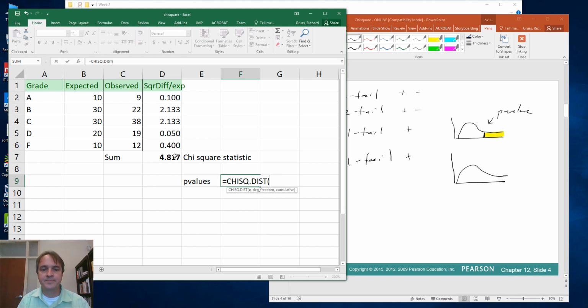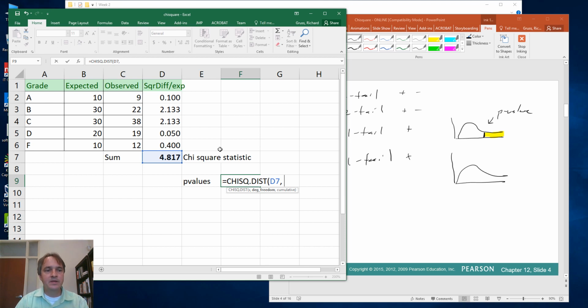So in this case, our chi-square statistic was this 4.817 here. It's the sum of all those squared differences of observed minus expected, divided by expected, and then the degrees of freedom. Similar to other cases we've seen, our degrees of freedom is going to be equal to n minus 1.